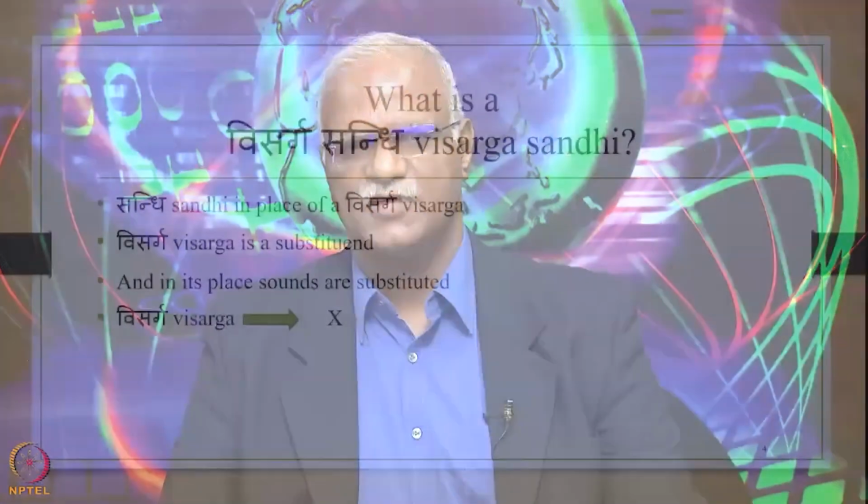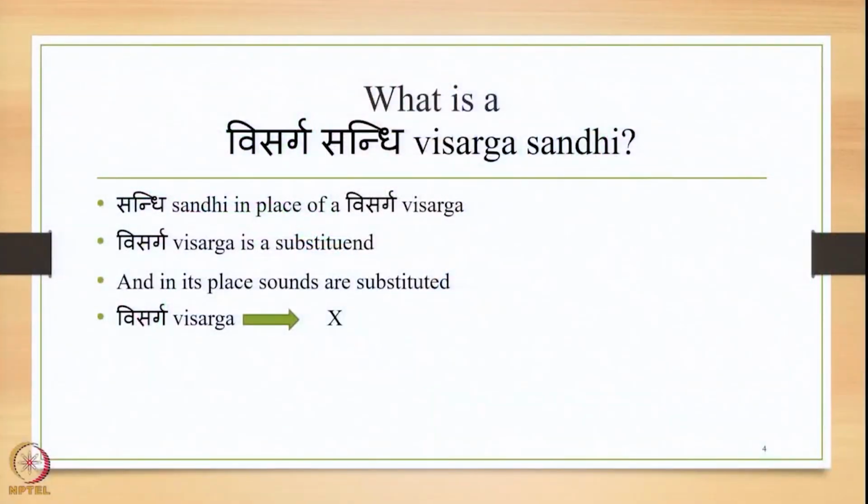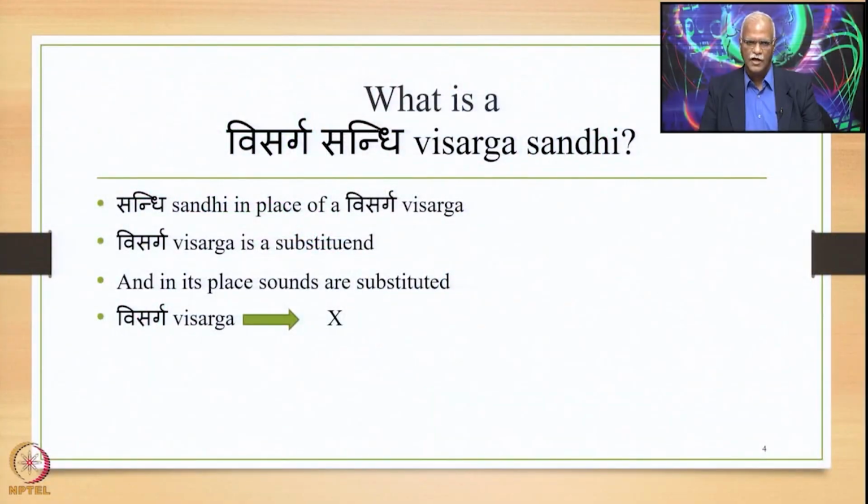Visarga Sandhi is a Sandhi in place of a Visarga, where Visarga is a substituent and in its place sounds like sa himself or sh or zero deletion. They are the substitutions. So, Visarga is the input and all these which are represented here by the letter X, they are the outputs. This is what is Visarga Sandhi.